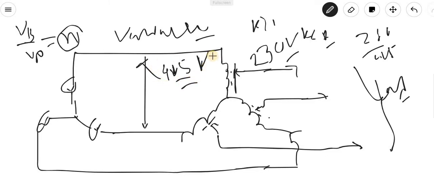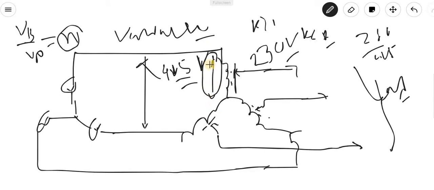You have to see the phase-to-phase voltage or the voltage ratio. The voltage ratio is Vs by Vp equal to K. If it is in terms of turns ratio, you have to see that this is a star connection, then how much voltage is there across the phase?